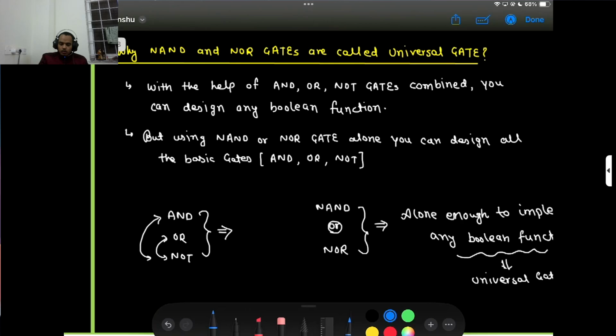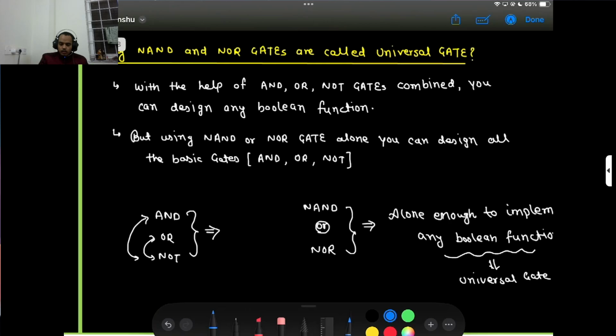Now, why are NAND and NOR gates called universal gates? Previously I already told you that with the help of AND and NOT gates combined, you can design any Boolean function. But using the NAND or NOR gate alone, you can design all the basic gates, AND, OR, NOT.